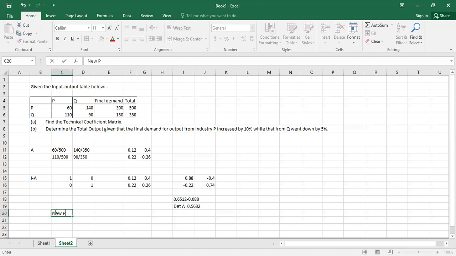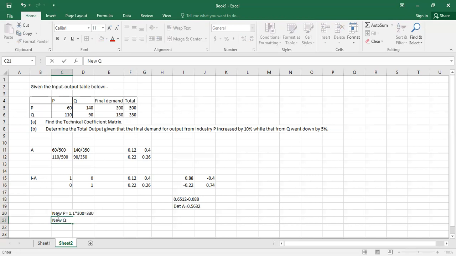My new P is equal to 1.1 multiplied by 300. 110% is equal to 1.1. That will give me 330.